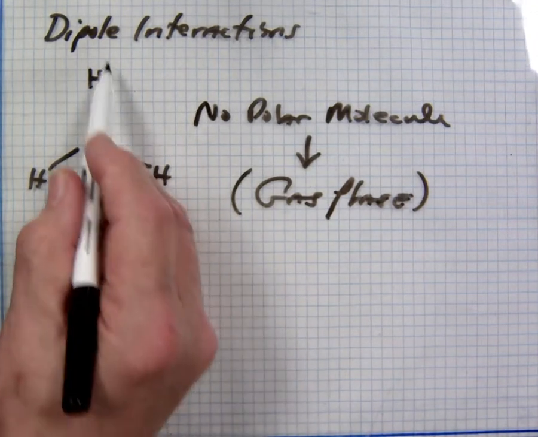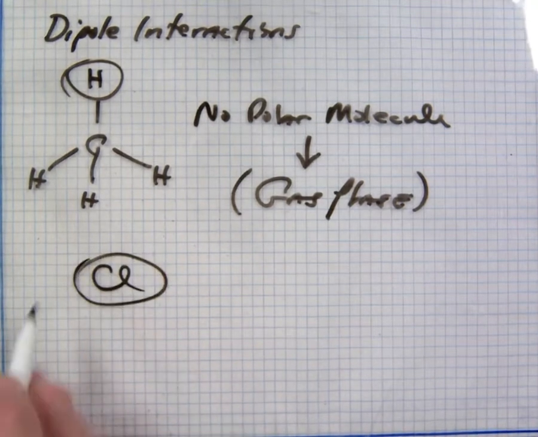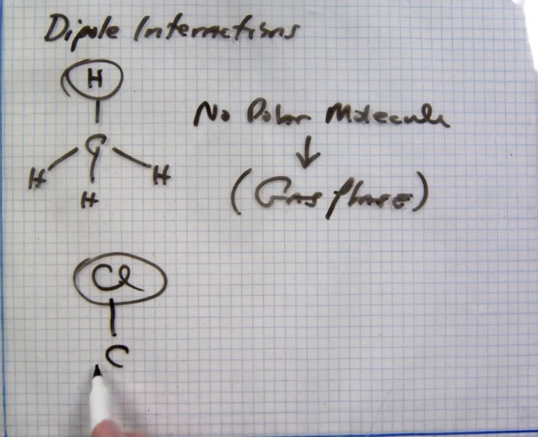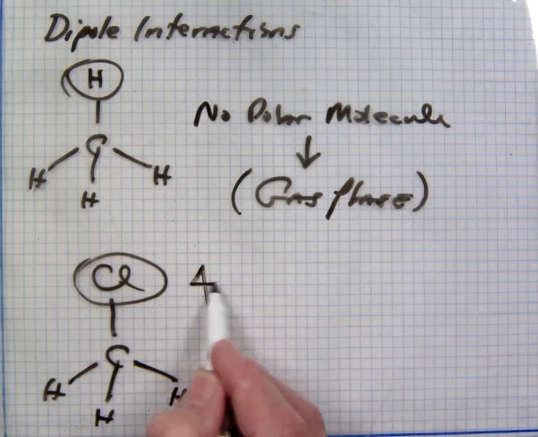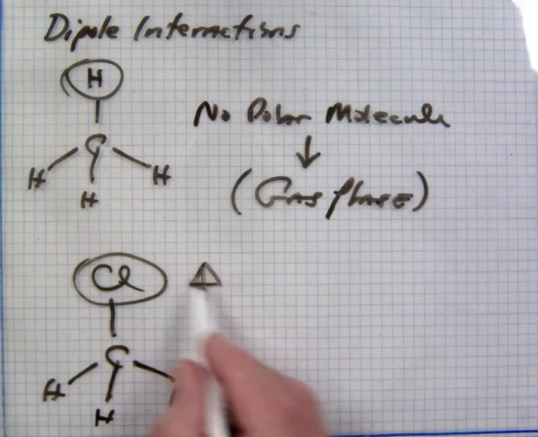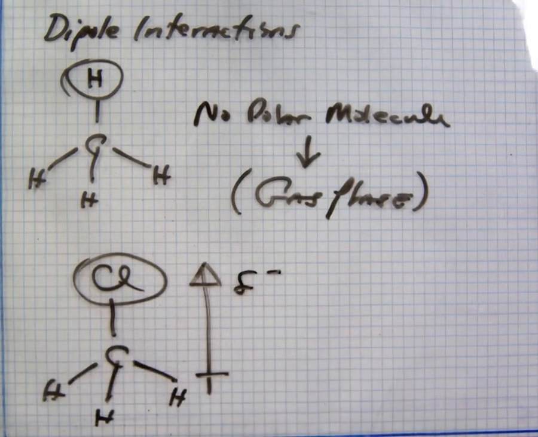Now, if I pull one of the hydrogens off and I put, say, a highly electronegative element like chlorine on there, then the electronegativity of that chlorine will draw the electron density toward it and will make the end of the molecule partially negative, and this end partially positive.